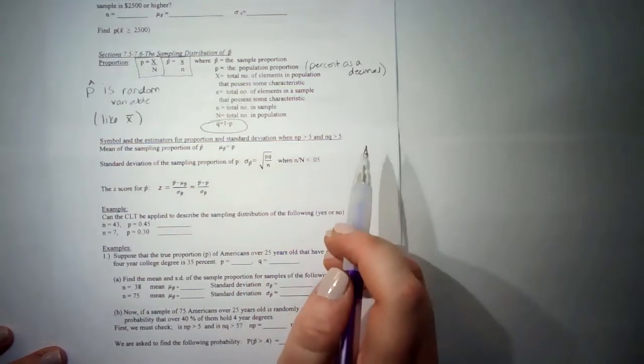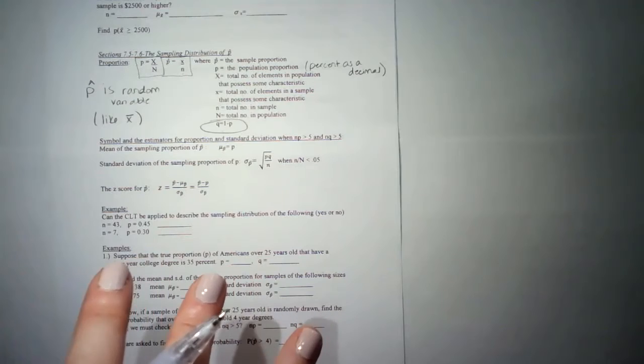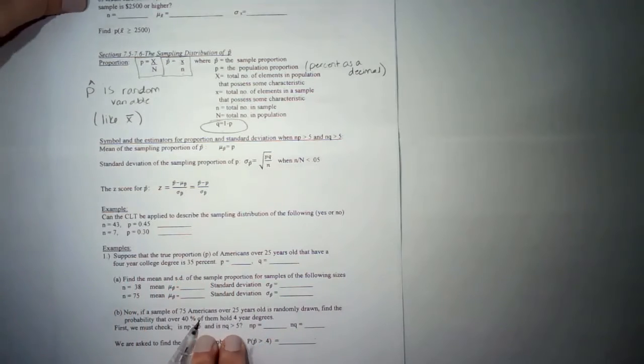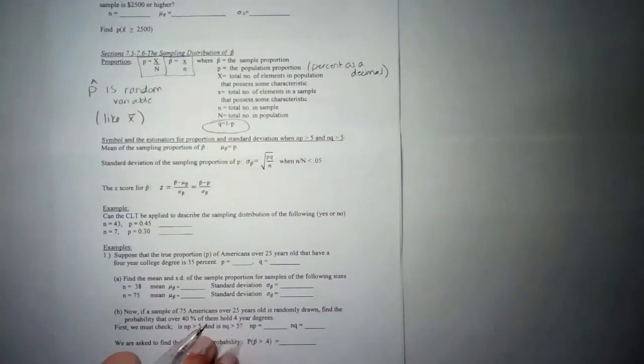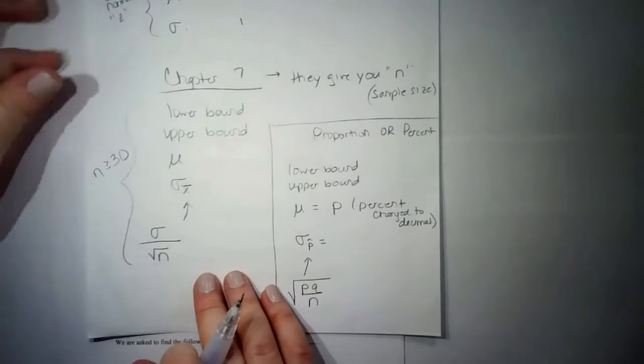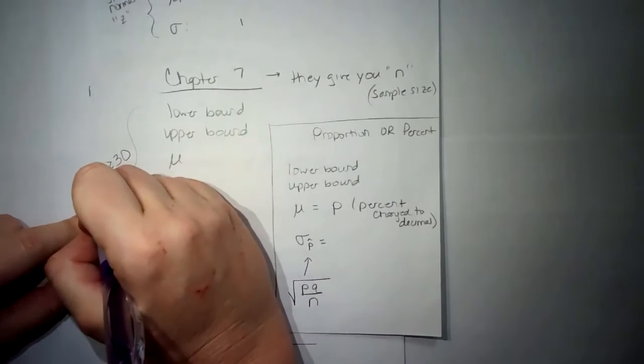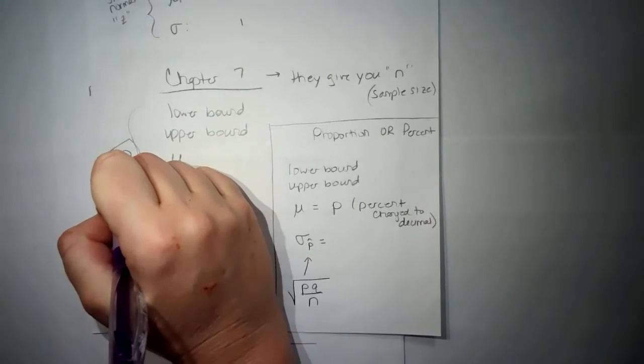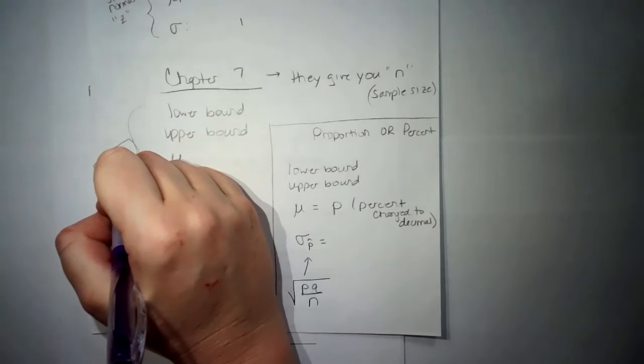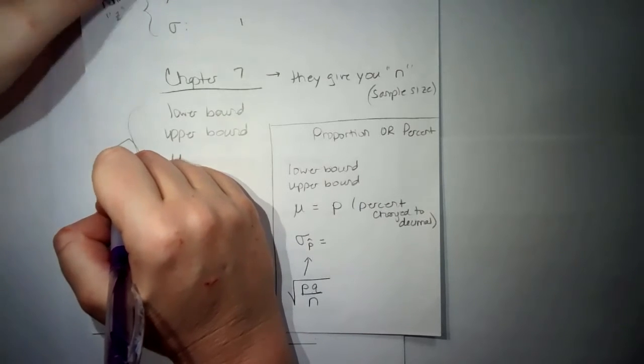Okay, so also remember, we're using the CLT. The central limit theorem is what tells us all these formulas are valid, right? So we could use this stuff from chapter 7 because this is what the central limit theorem required, right? It just required your sample size was greater than or equal to 30.